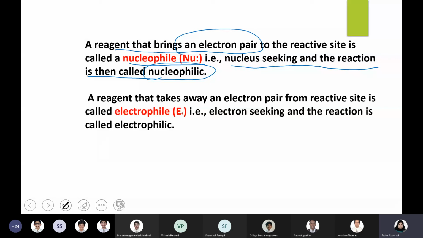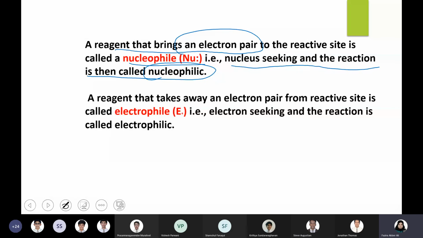You are learning in more detail about the mechanism. So a nucleophilic reaction means a reaction involving a nucleophile. That means the reagent is a nucleophile, an electron rich compound which will be ready to give out or comes with a pair of electrons to the reactive site. Am I clear? Yes, ma'am.